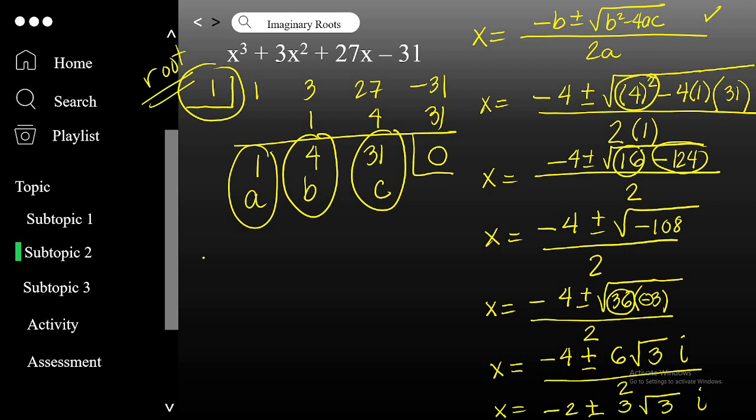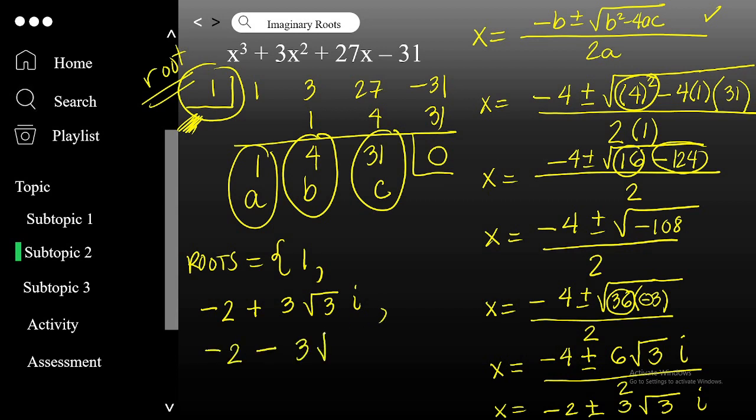Our roots are, starting off with the number we used a while ago in synthetic division, that's 1, and breaking down the result in our quadratic, we have negative 2 plus 3 square root of 3i, and negative 2 minus 3 square root of 3i, and these are your roots.